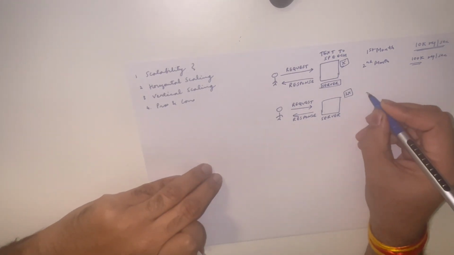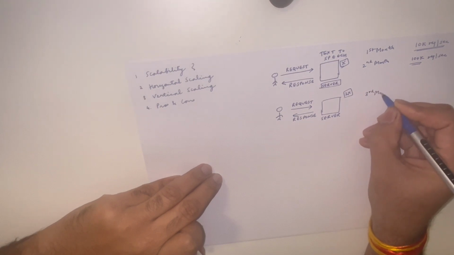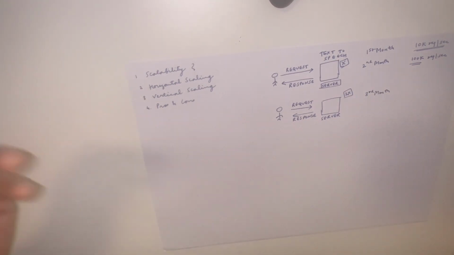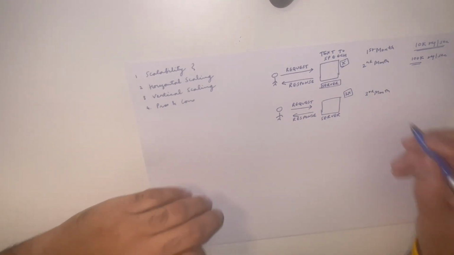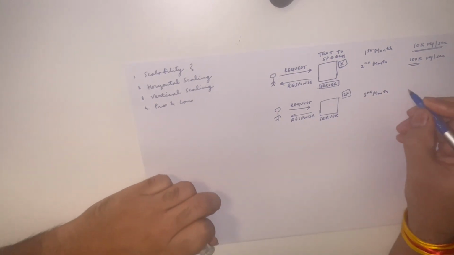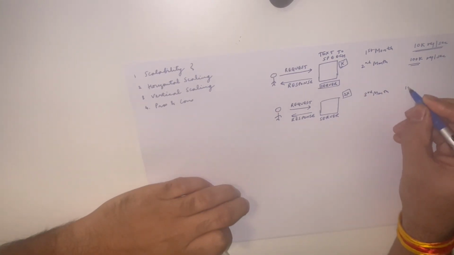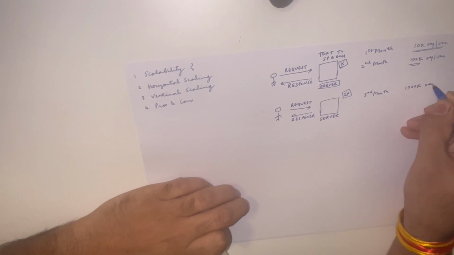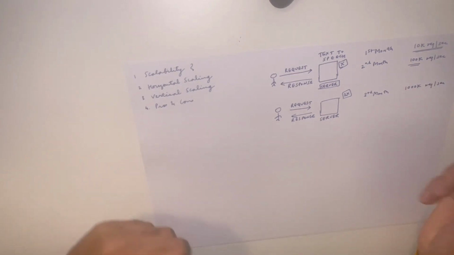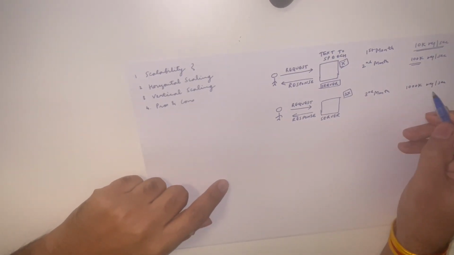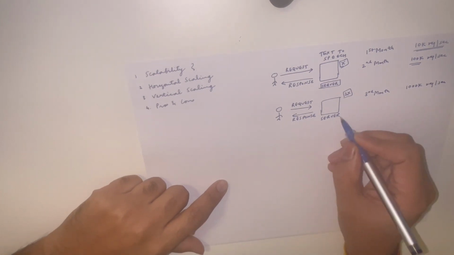But let's say in the subsequent month, your service gains more popularity and you're getting more and more requests. Let's say you are getting 1000K requests per second. The moment you start getting 1000K requests per second, your server again starts to cry.